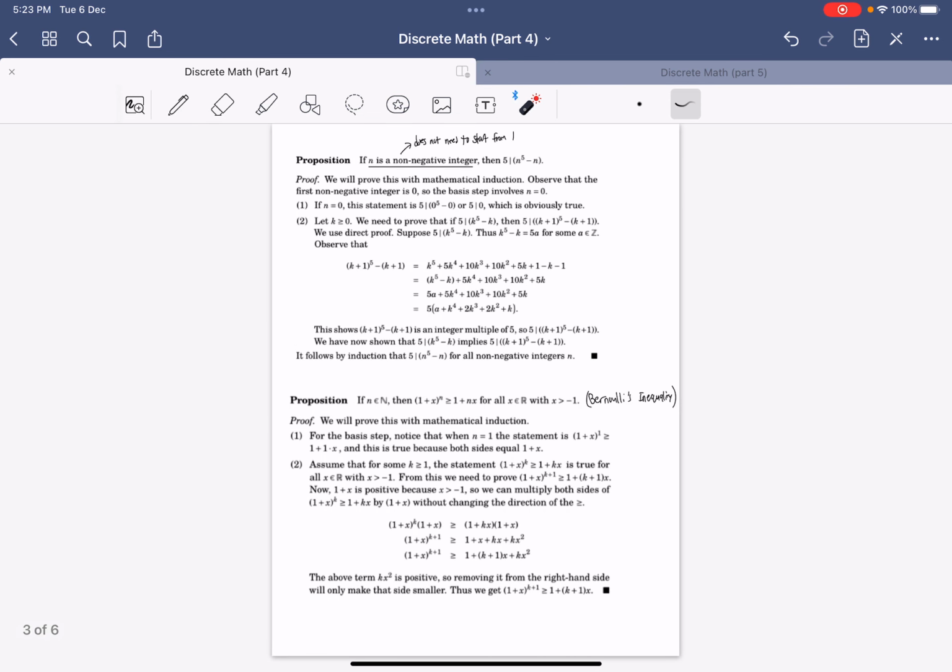And so, let's just say n is a non-negative integer. In this case, it means n can start from 0. So our base case is 0, we prove it holds true for base case 0, and we prove that it holds true for all.